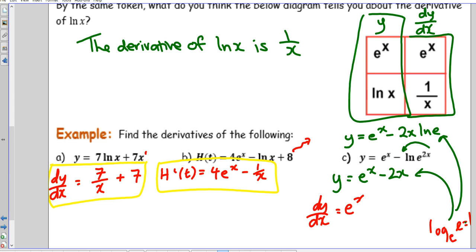What do I have at the end? e to the x. Subtract 2. Minus 2, yeah. People are very tempted to put x's on there, aren't they? So that looks awful, so I'm just going to undo that. Subtract 1, because that's like a 1. 1 times 2 is 2. x to the 0 is 1.